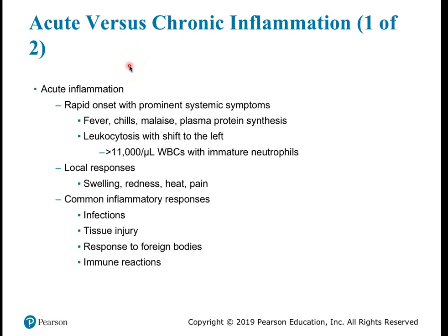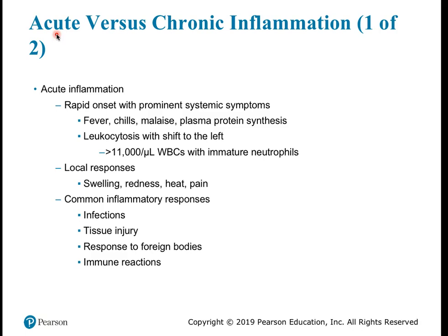All right, now we get into the next section. And the next section is going to be, what is the difference between acute inflammation and chronic inflammation? Acute inflammation is going to be rapid, sudden. It's going to unfold in a matter of days.